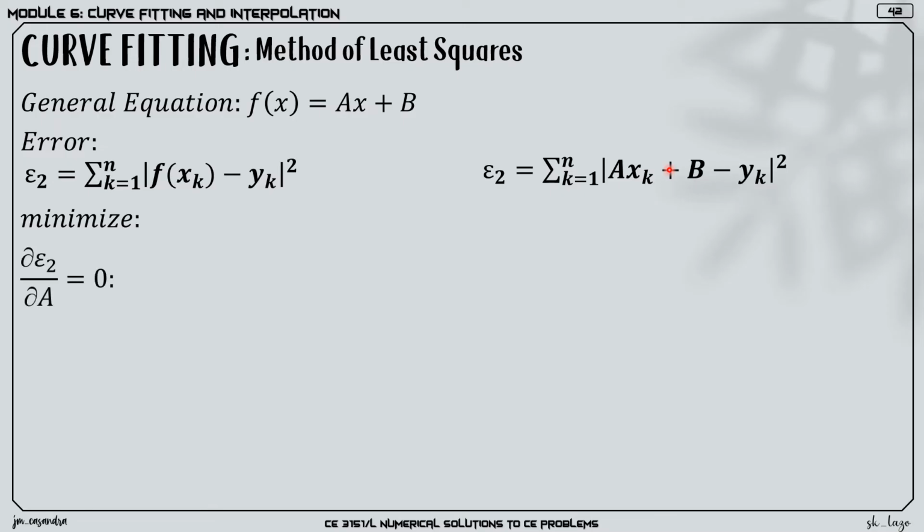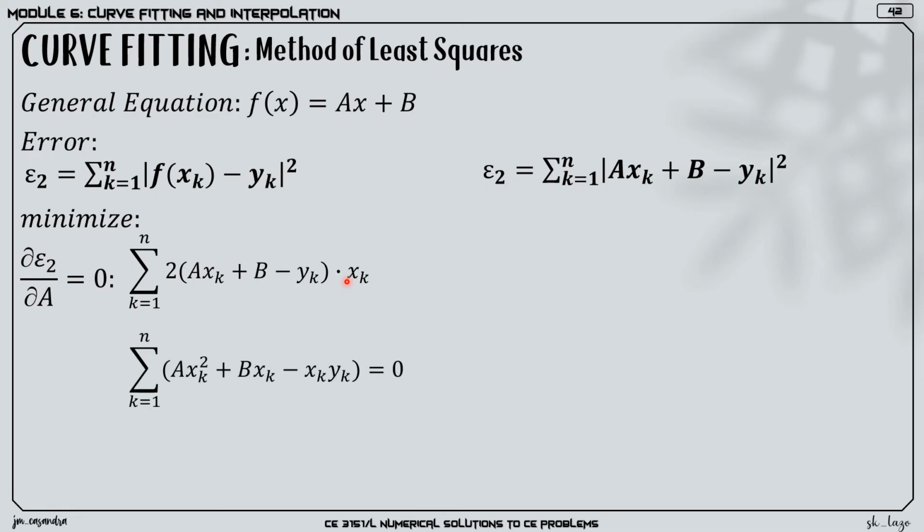We start with the partial derivative of E sub 2 with respect to a equal to 0, which is equivalent to the sum of 2 times the quantity a x sub k plus b minus y sub k multiplied by x sub k.